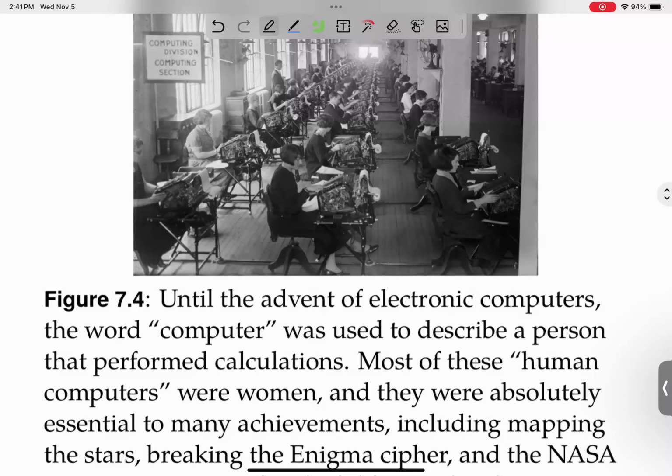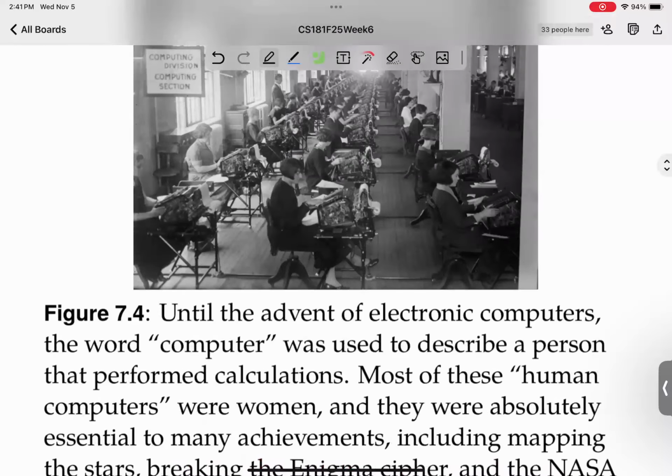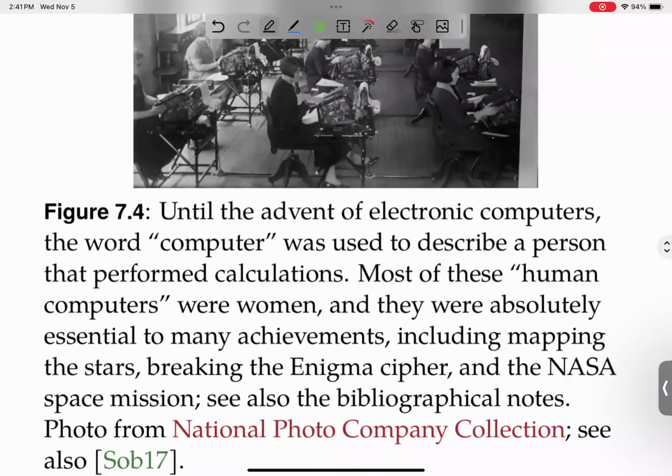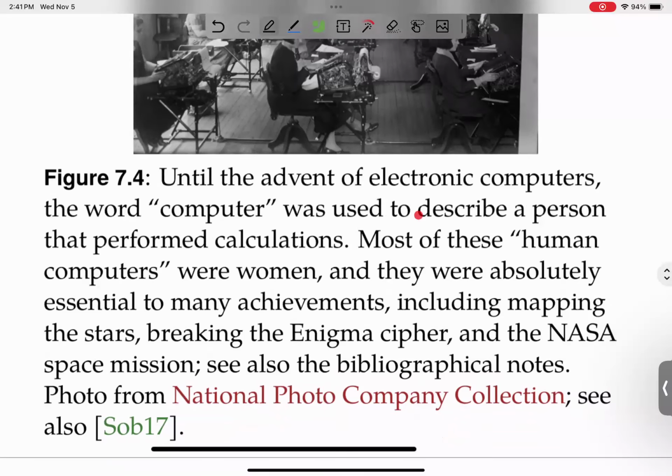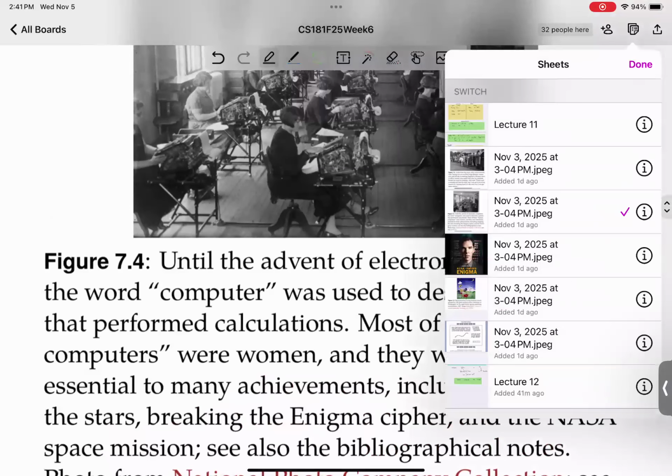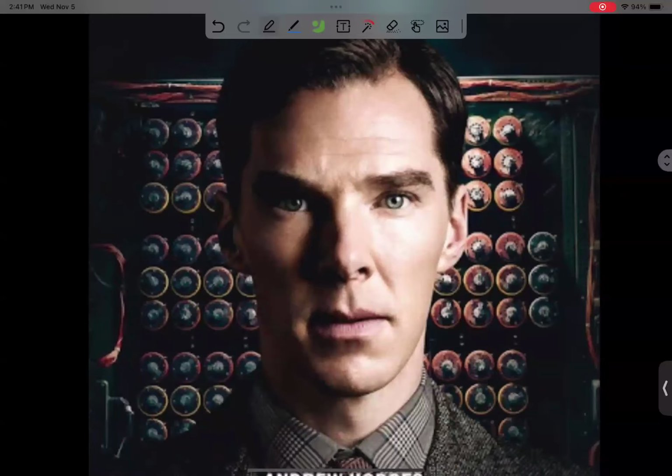And he headed a lab which had the first computing section where humans would mimic computing to break codes during World War II. Okay. He was responsible for designing the Enigma machine.